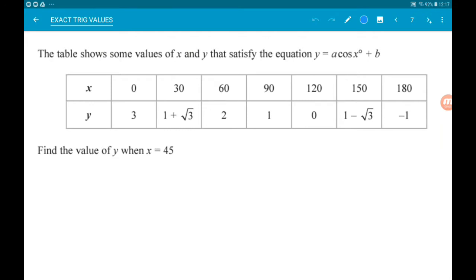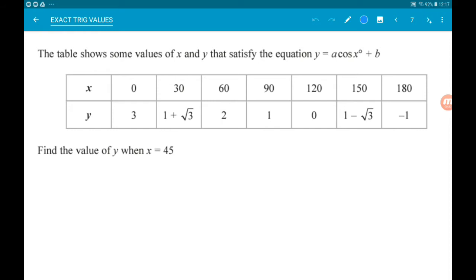Okay then, final question. So the table shows values of x and y that satisfy the equation y is equal to a cos x add b. Our job is to find the value of y when x is equal to 45. Now, to be able to do that, we are going to need to work out the values of a and b.